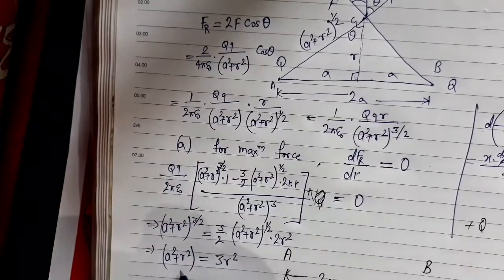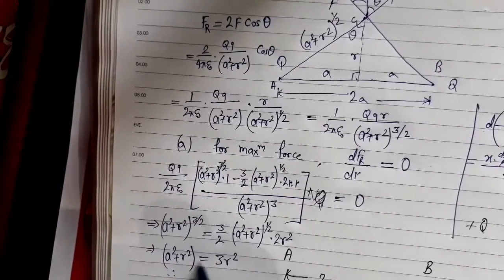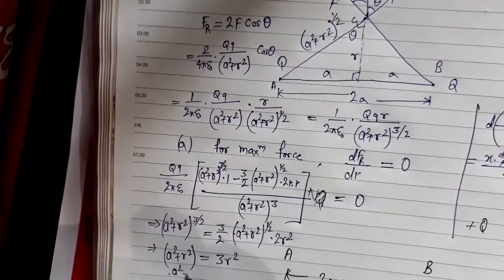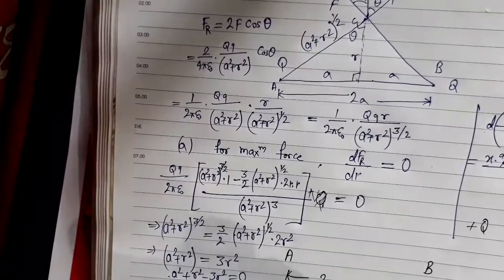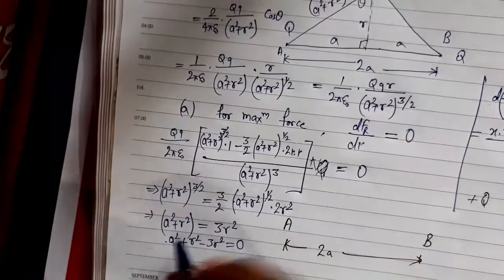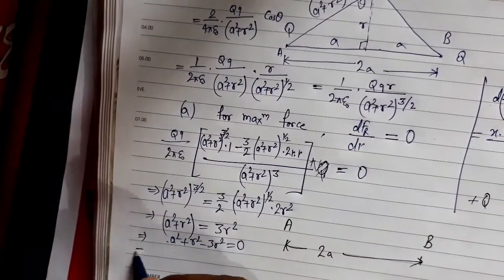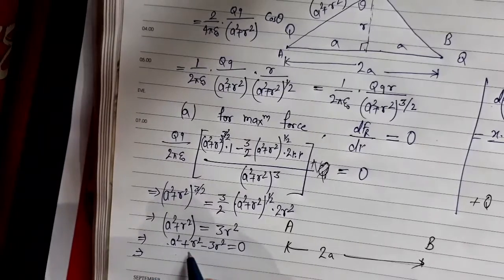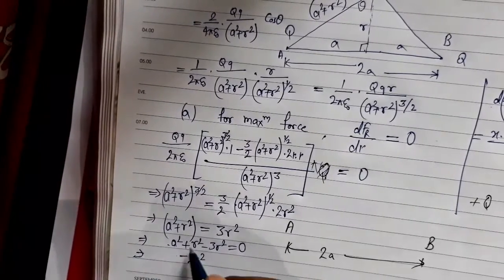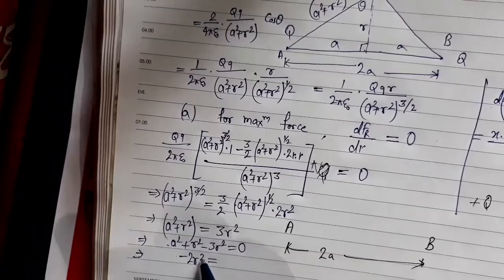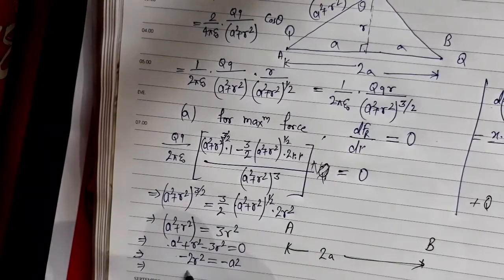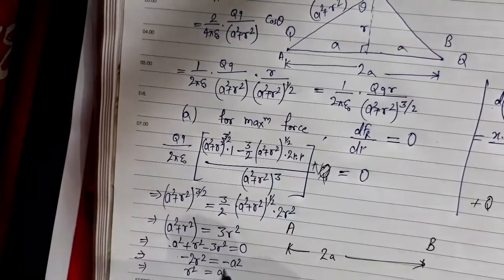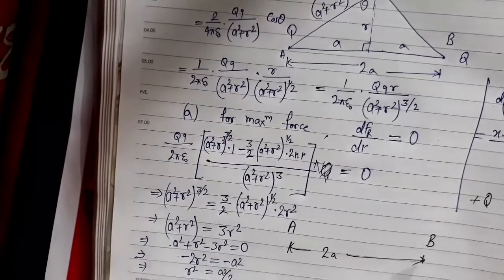So a square plus r square minus 3r square equals 0, and 2r square equals a square, so r square is equal to a square by 2.